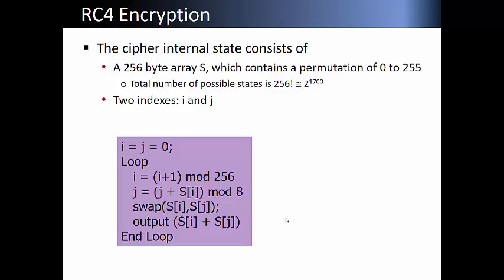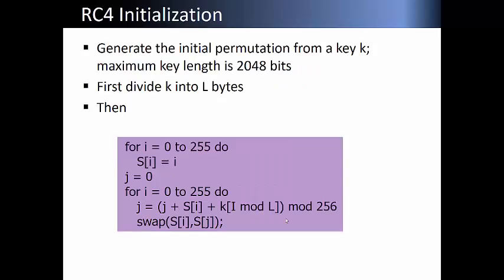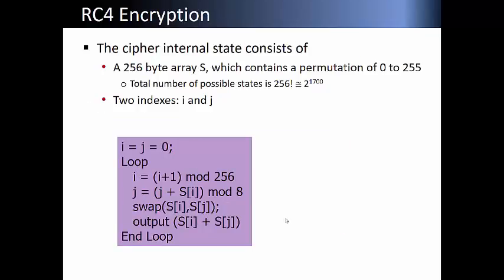So let's use two indices, i and j. Initially we start with i equals 0, j equals 0. So we have a loop, and i and j keep changing.